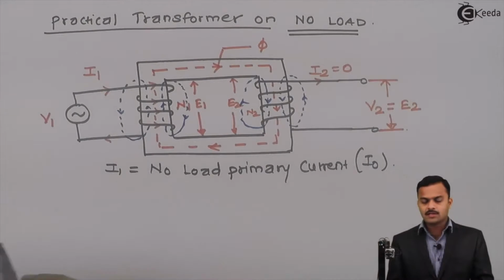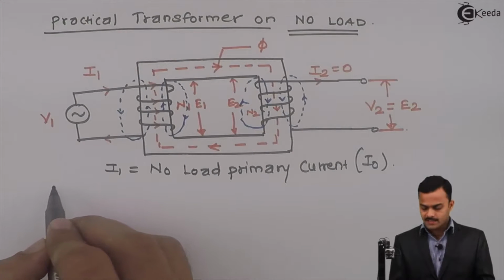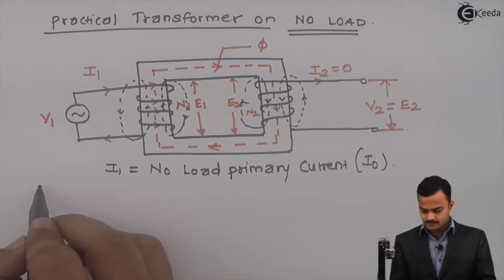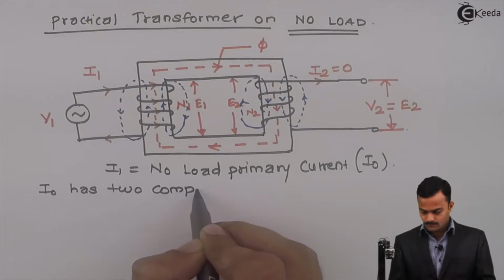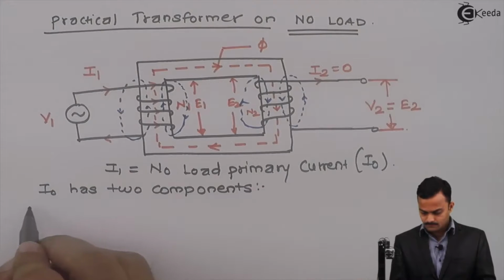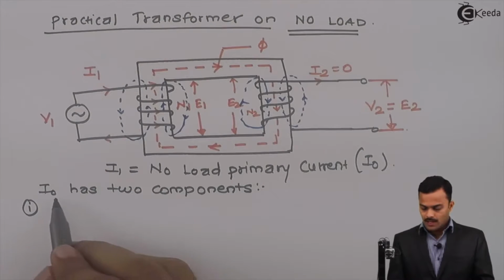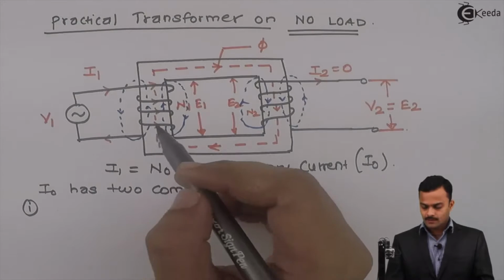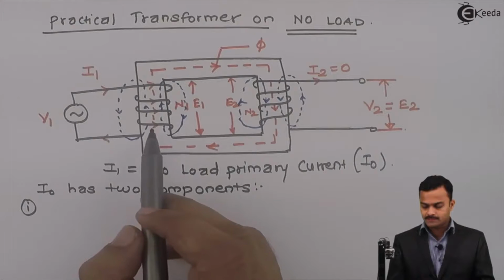This I0 serves two purposes, or you can say it has two components. If you see properly, there are two things happening over here.